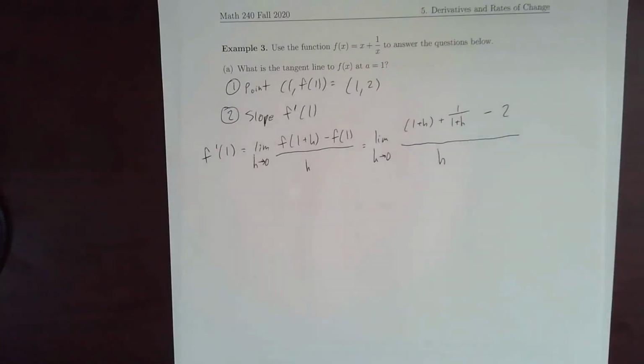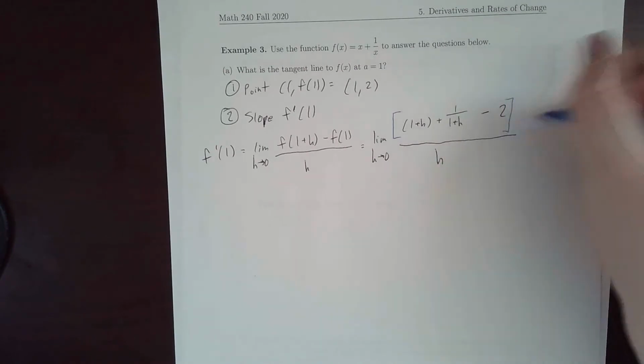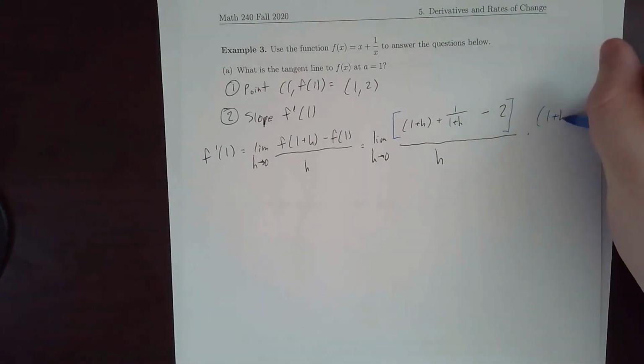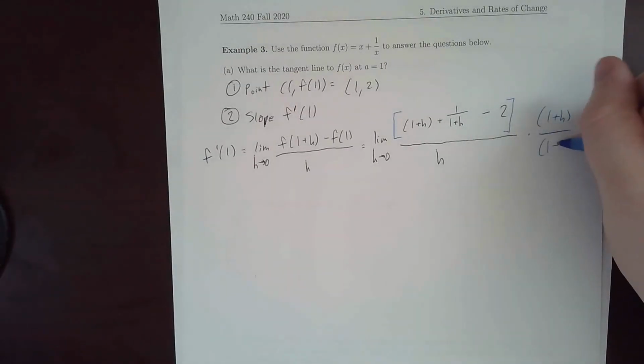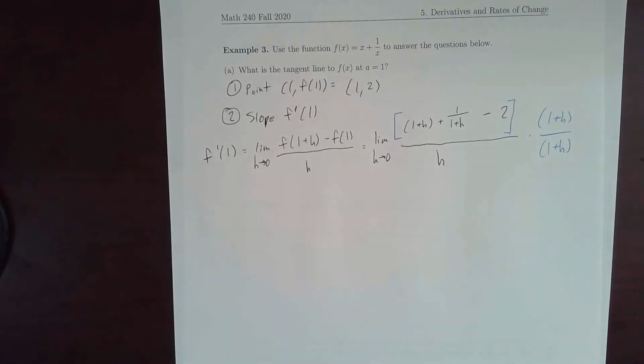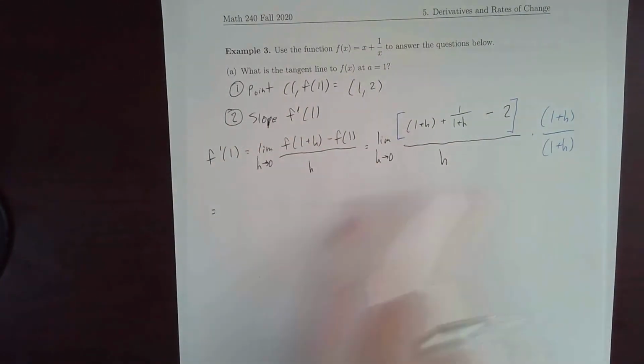So this is going to be a bit of a difficult one to figure out because we got a fraction up here. And so our method is going to be to go ahead and multiply the numerator and the denominator completely by a factor of 1 plus h. So that way we can go ahead and remove this 1 plus h from this denominator. So now I'm going to bring this over here.